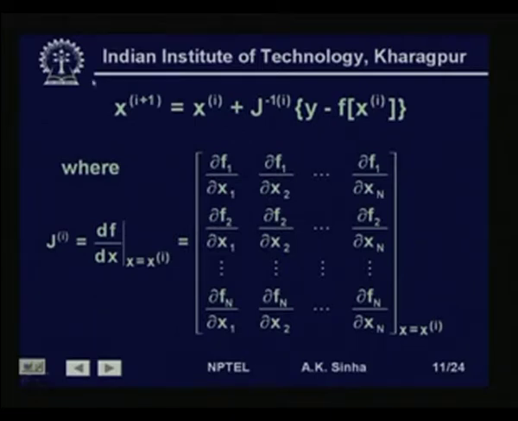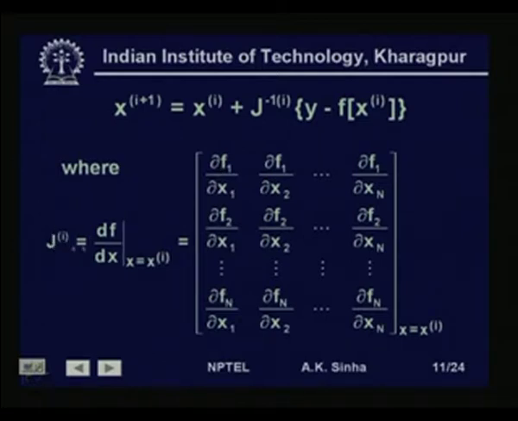Now, here, as I said earlier, this J, or J i, is basically the value of the first order derivative df/dx for x equal to x at the ith iteration. So, substituting the value of x at the ith iteration in the equation and taking its derivative, we will get J i.